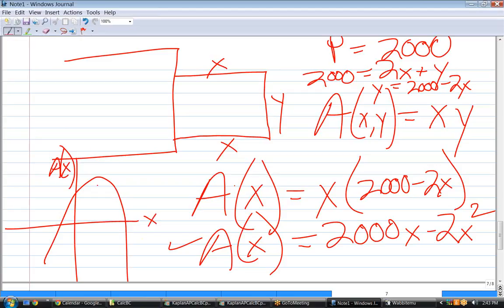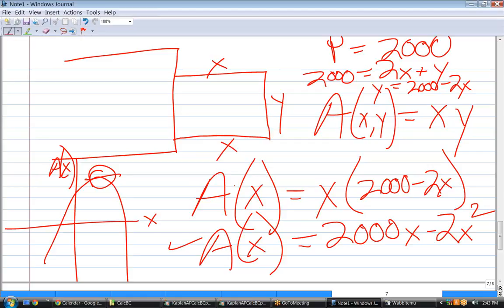So if I'm trying to find this point right there, the maximum of that function, I'm going to take the derivative of the function and find out where the slope of that tangent line is 0, which will be that point.